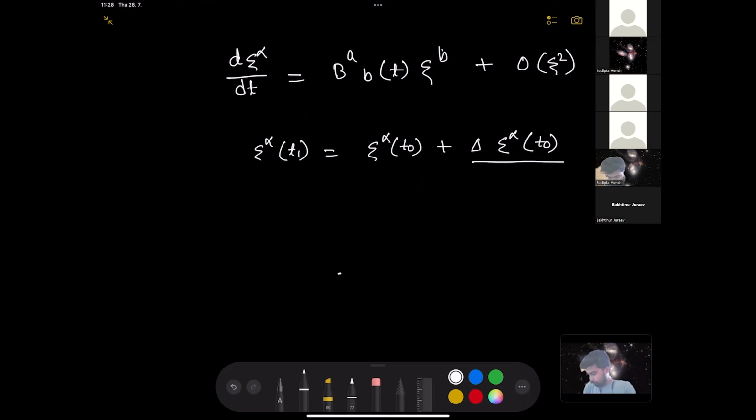So the time is changing from t0 to t1, where delta t is t1 minus t0.